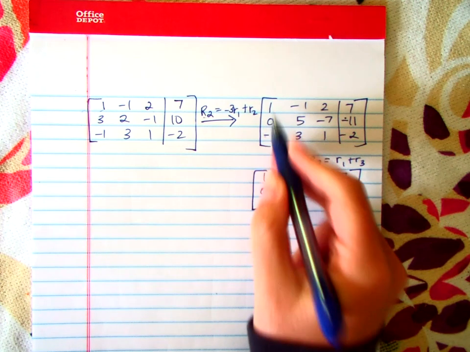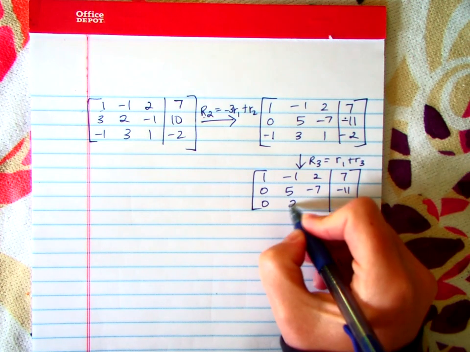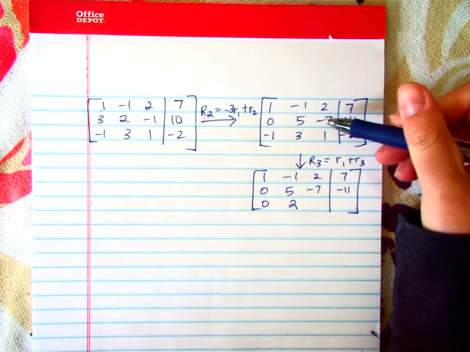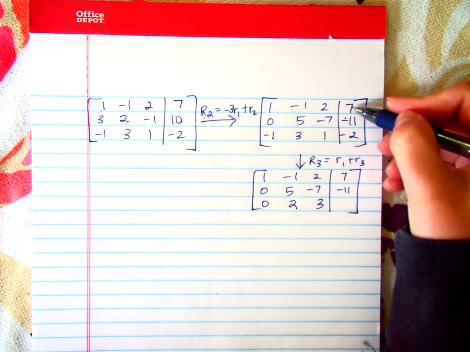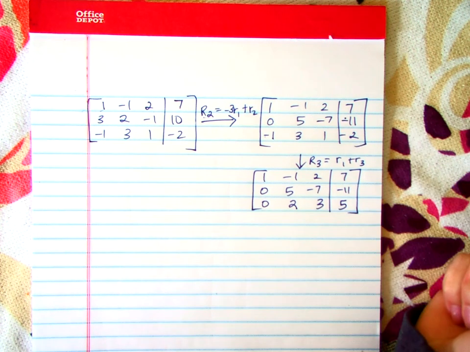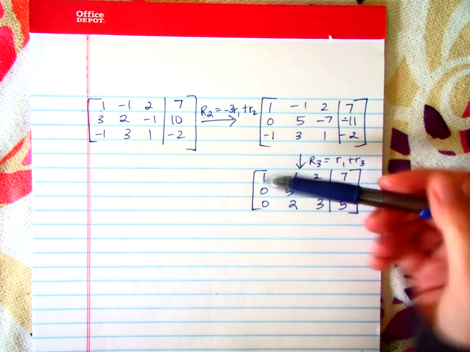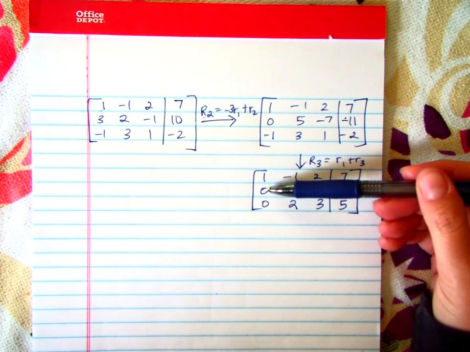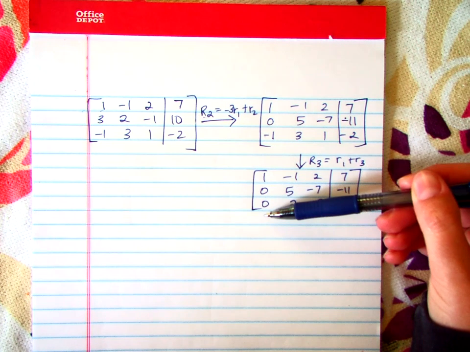So -1 plus 1, 0. -1 plus 3, 2. 2 plus 1, 3. And 7 and -2, we've got a 5 there. So what we're doing when we are setting this up, by putting the zeros below the first entry, we're eliminating x's.